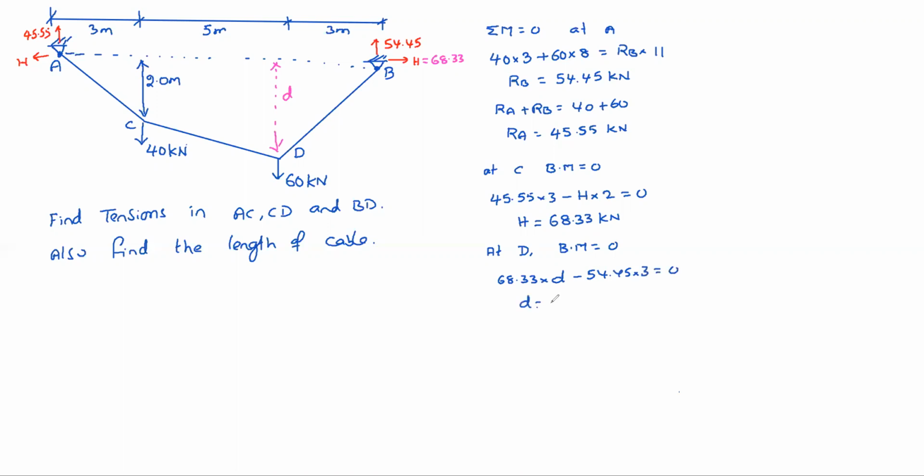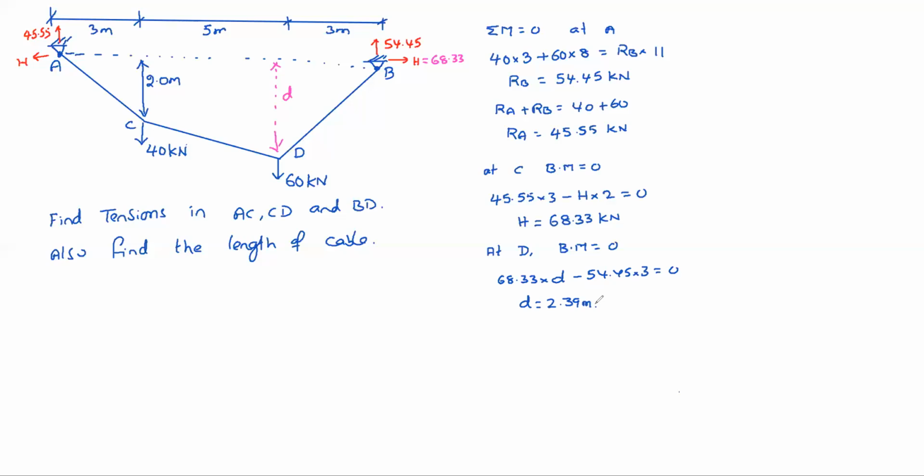So D equal to how much? At any point on the cable, bending moment is 0. D is 2.39 meters. Okay, we got D also.